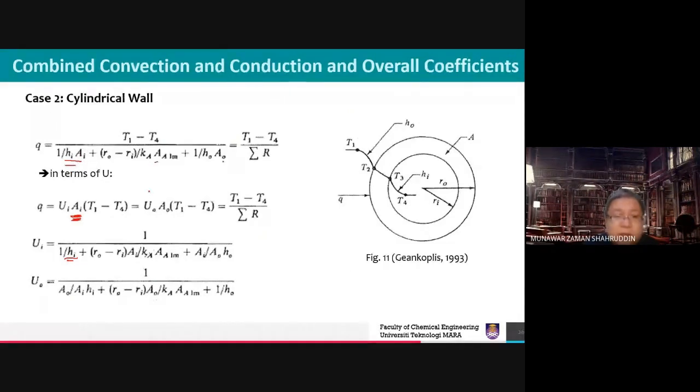Ai is here and Ai is here, if that will be in the form of Ui. If in the form of U node, then A node will be here and this becomes the simplest form. So because of different R, you will have Ui and U node.